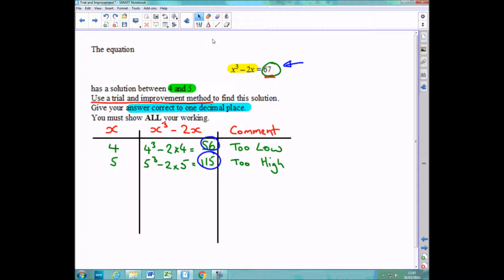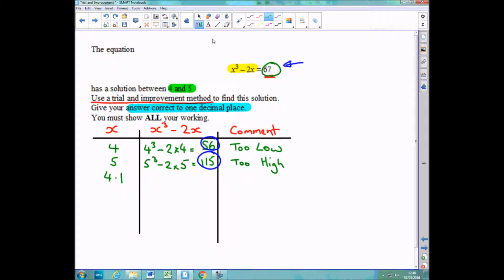As you can see, my answer is a lot closer to 4 than it is to 5. So I'm going to guess a number that is a lot closer to 4. Instead of picking, say, 4.8 or 4.9, I'm going to go a lot lower, with 4.1.